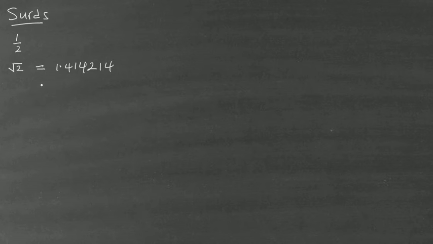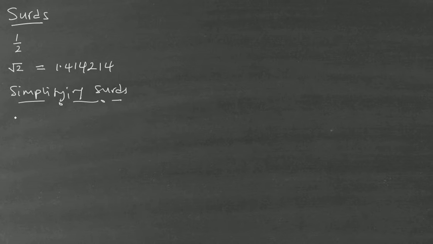So we want to start by looking at how we can simplify surds. To simplify means we are going to see how we can write the surds in another way.